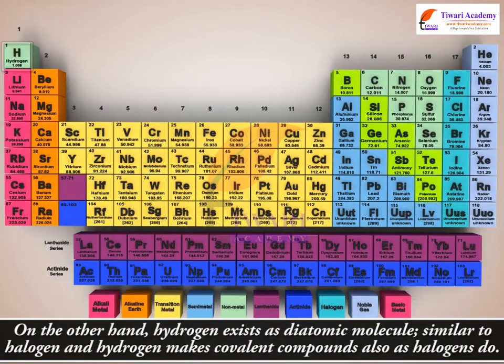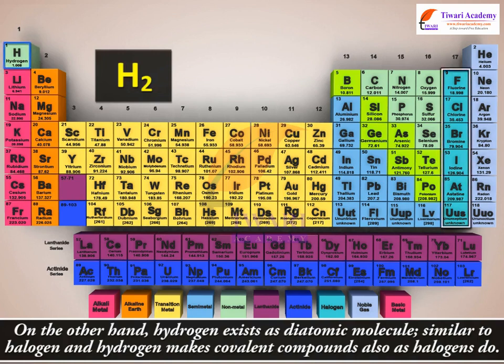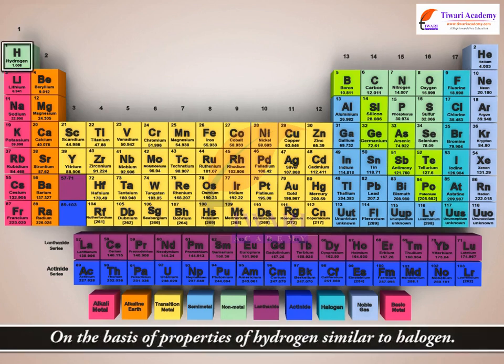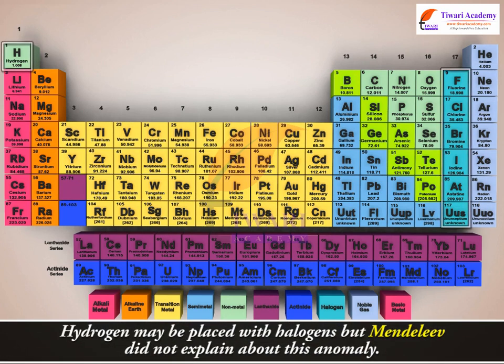On the other hand, hydrogen exists as a diatomic molecule, similar to halogens, and hydrogen makes covalent compounds also as halogens do. Thus, on the basis of properties of hydrogen similar to halogens, hydrogen may be placed with halogens, but Mendeleev did not explain about this anomaly.